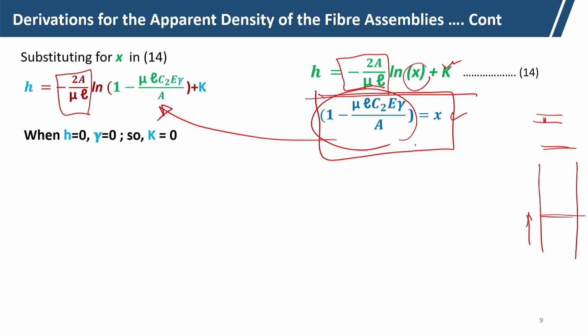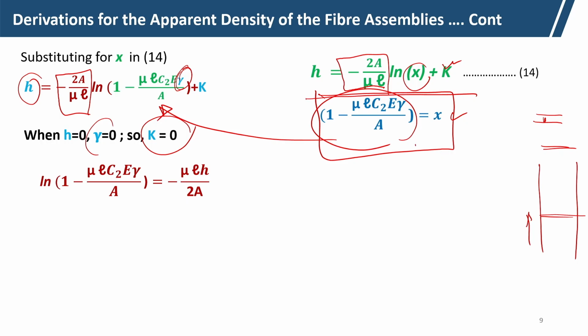Since h is 0 and gamma is 0, this part will be 0, so k will automatically be 0. So, for very small h, tending to 0, gamma will be 0. So, k is 0, and we assume k as 0 here.